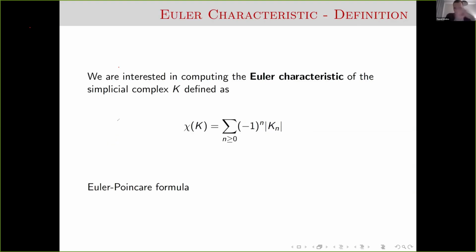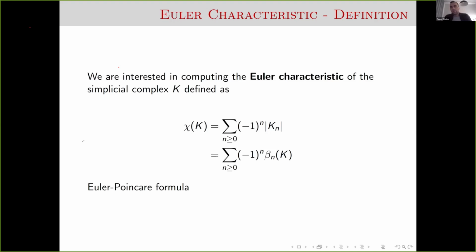Given a general cell complex or simplicial complex, we can compute it by counting the number of simplices of each dimension, multiplied by -1 to the power of the dimension of the simplex. So there is no linear algebra, it's pure combinatorics.